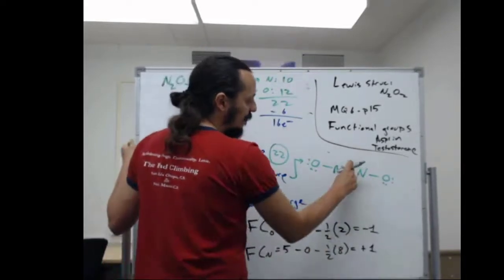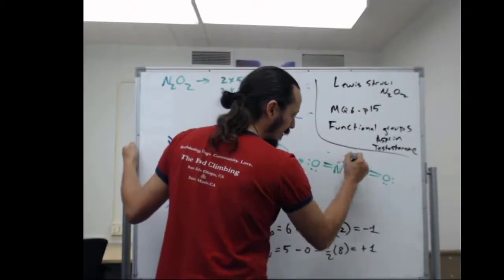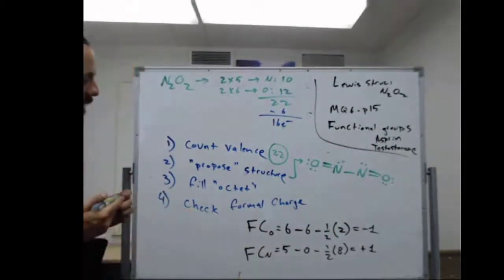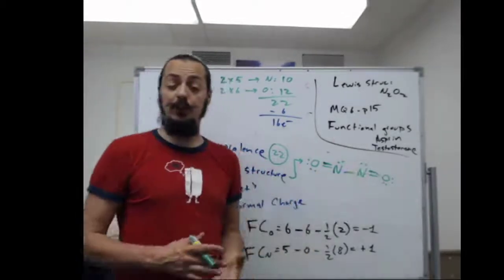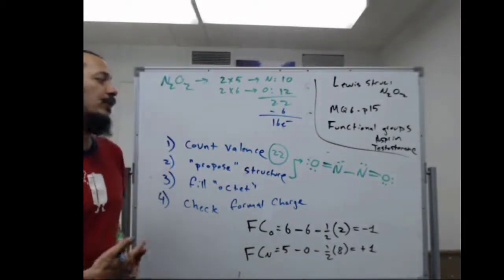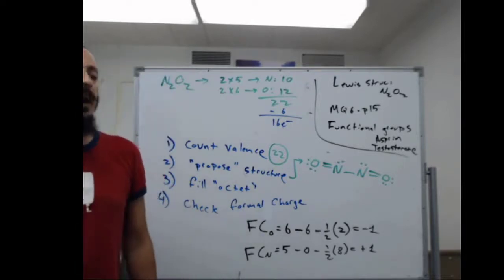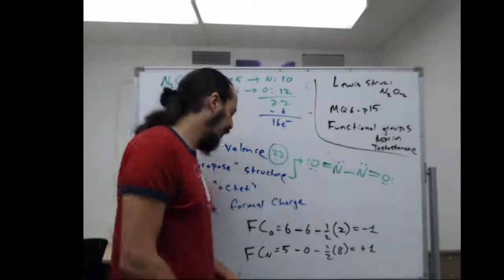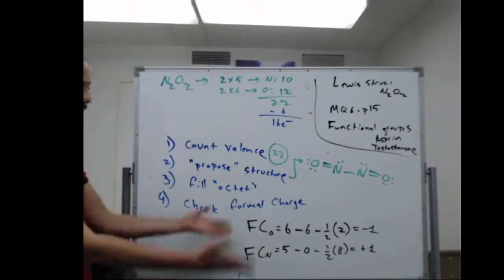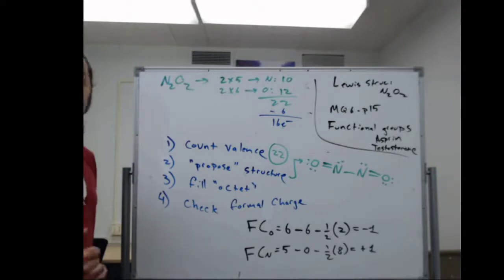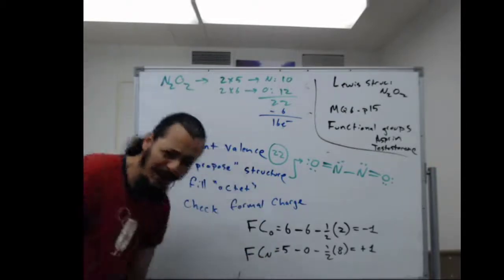Instead of having a double bond there, I put my double bonds on the outside, bring those electrons in, and then we can do a formal charge on this one, and that's going to be 0, 0, 0, 0 formal charge. And the best structure is going to be the one that has a formal charge as close to 0 as possible, with as many zeros as possible across the structure. So that's going to be our N2O2 structure in the short version and the longer version. Any questions on that?